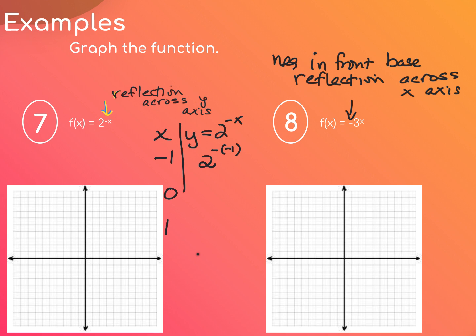Negative here on the power becomes positive, so then this becomes just a 2. When I plug in a 0, it's not a -0, no such thing, so it's just 2 to the 0, and that's a 1. And if I plug in +1, 2 to the -1, then that's the fraction.